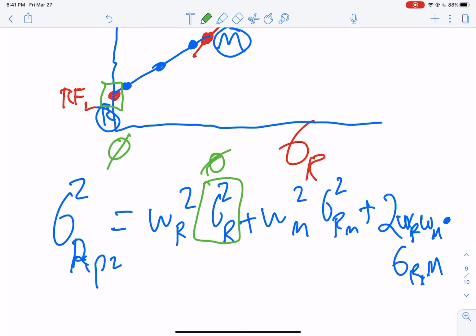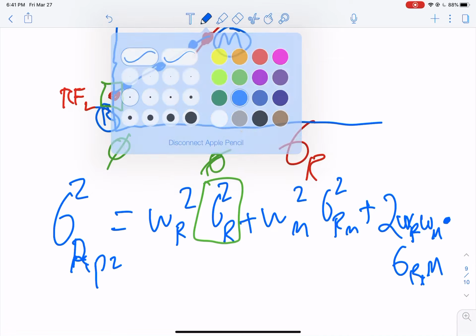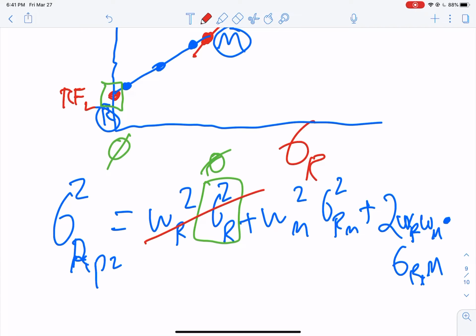And that means this term disappears. Well, this term is just going to stay. There's M. This is the standard deviation of M. This is standard deviation squared. And whatever weight we have in M is squared. So that term's good.